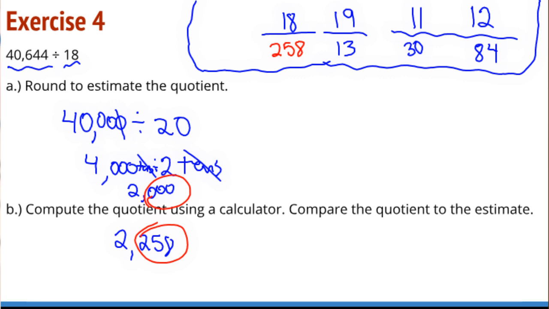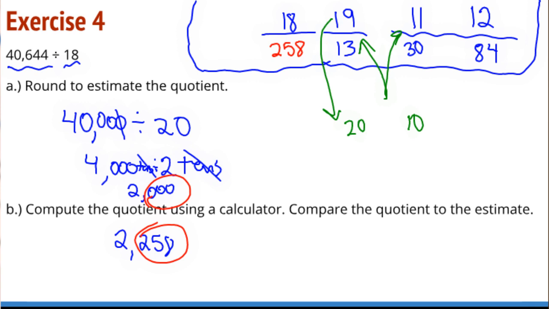Now, something that I'd like us to observe, and it's going to set us up for the next example that we look at. When we rounded, 19 was only one digit away from what we rounded it to. The 19 rounded up to 20, so it only moved by one number. With the 11, we rounded to 10, so it only moved one number.